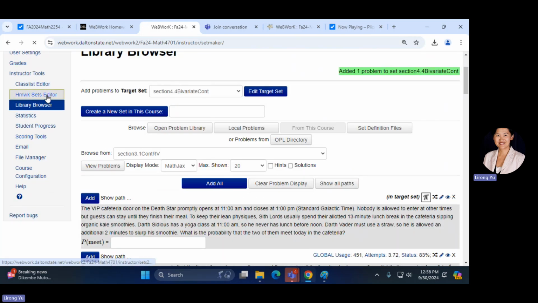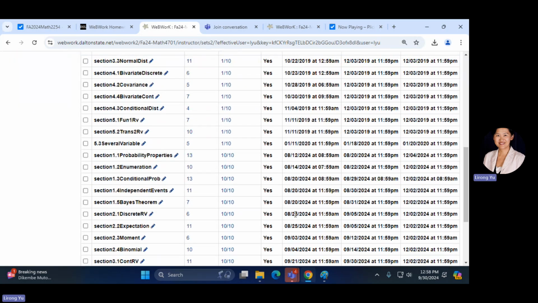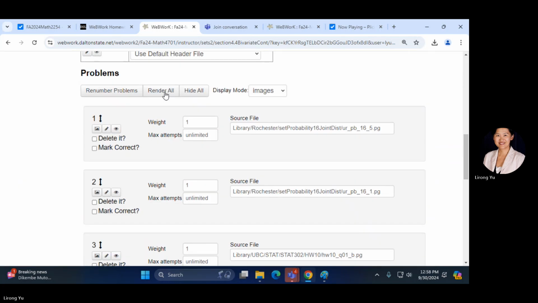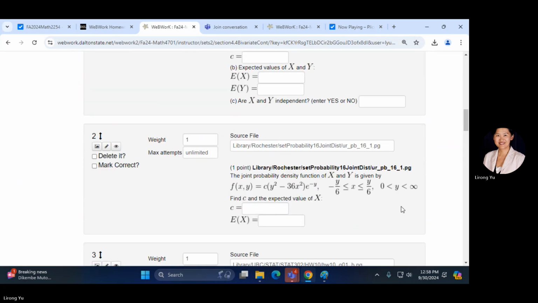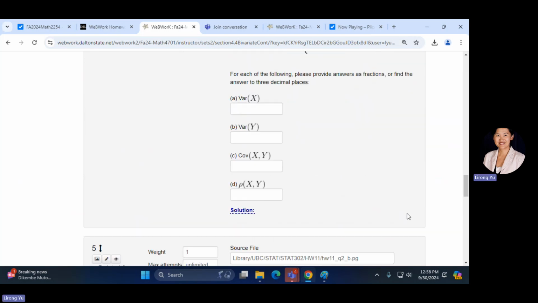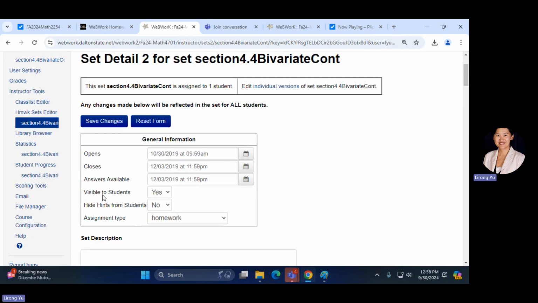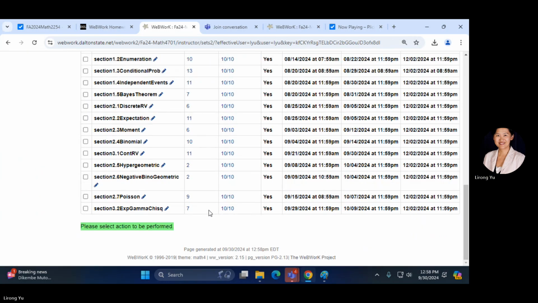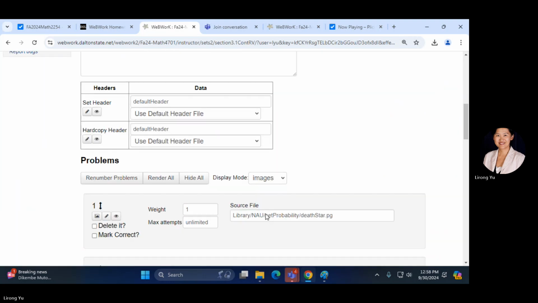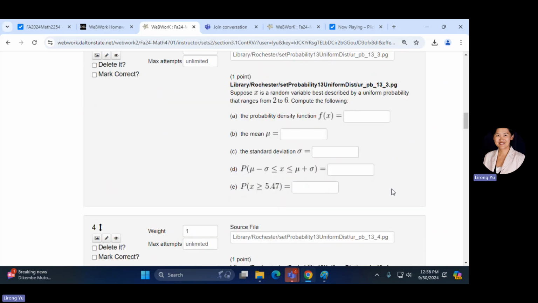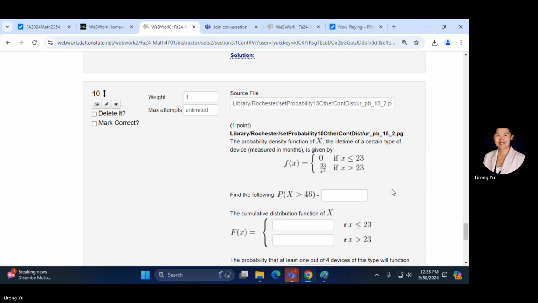So I actually copied it into section 4.4. Now we can remove it from the current section. There. This question should be completed in the label.